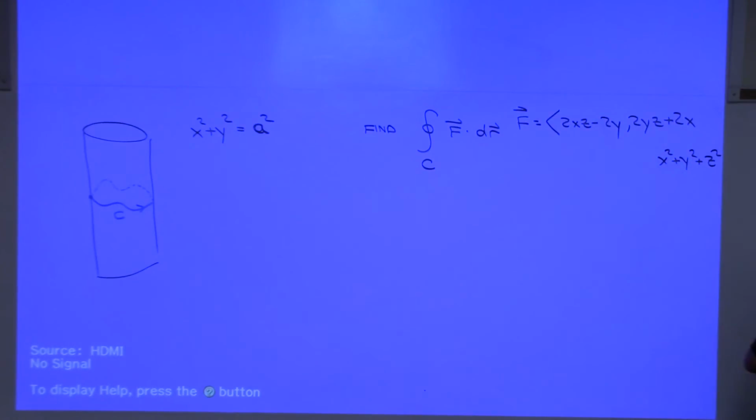All right, I'm going to read this out. Someone just make sure I've got this. First component, 2xz minus 2y. Second component, 2yz plus 2x. Third component, x squared plus y squared plus z squared. Okay.